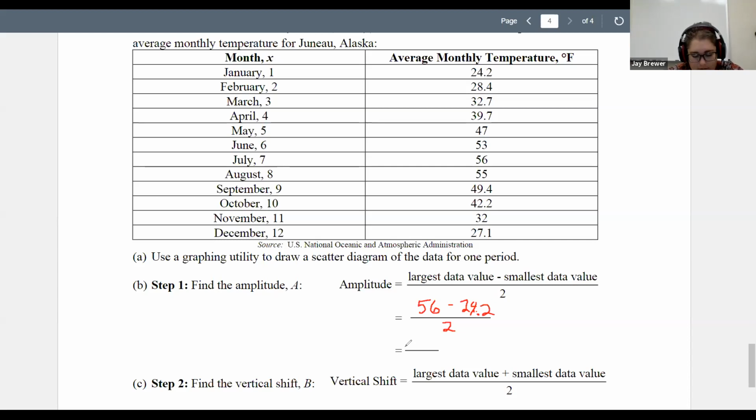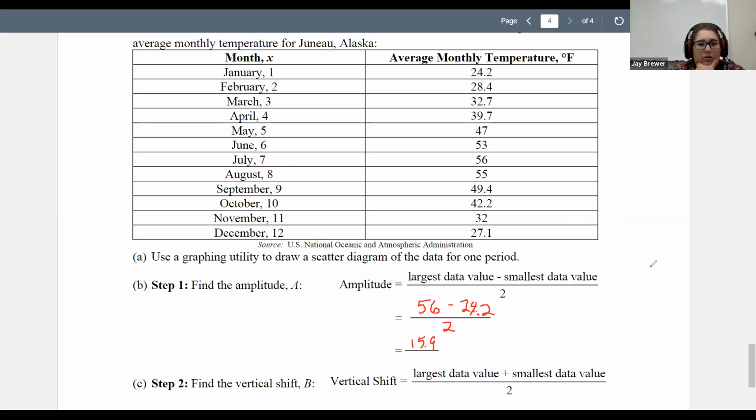I might want to try that one again. So I got 15.9. There you go. Yeah, 15.9. You might have just forgotten a period or something somewhere. It's all right. To divide, that's why. Okay. So that is how we find our amplitude when we're dealing with a model.